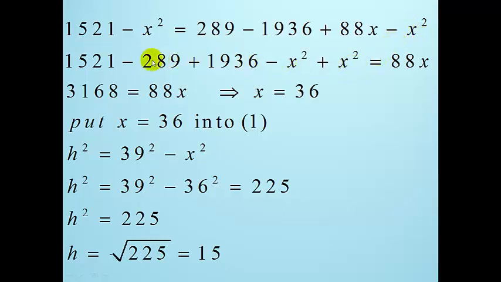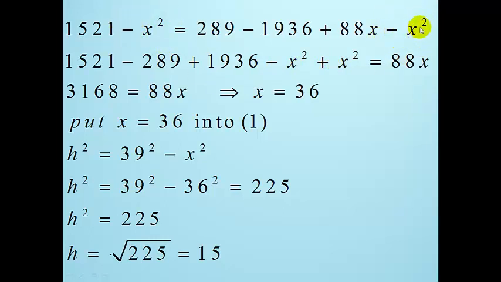We group the constants and the x squared terms on the left hand side and the term with x on the right hand side. Minus x squared on the right hand side becomes plus x squared on the left hand side.